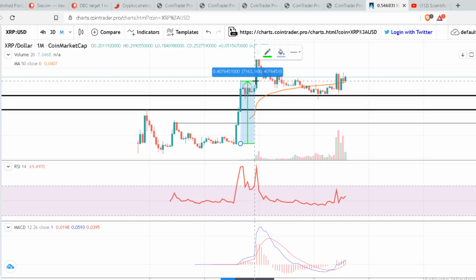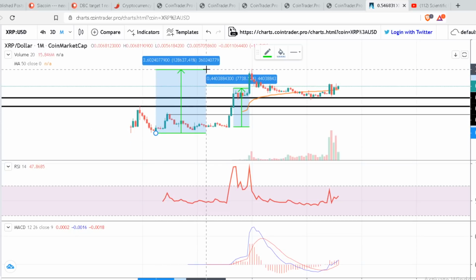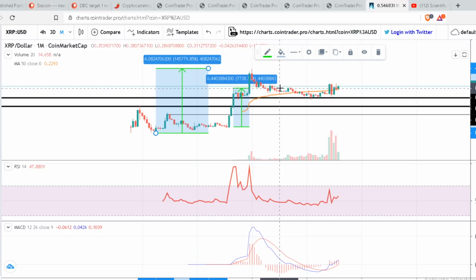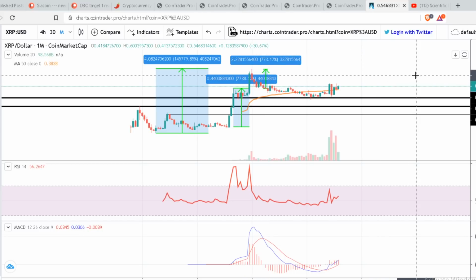Say this particular pump is like 8,000%. So if you're missing that one, then from the entire pump of the entire market cycle, which is like 140,000%, how much do you actually get to make? From here till the top, it's 700%.